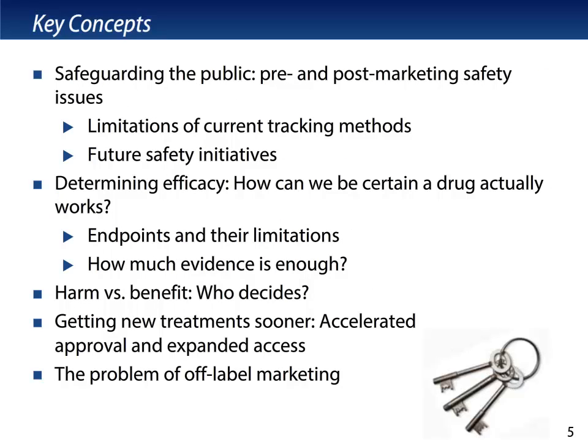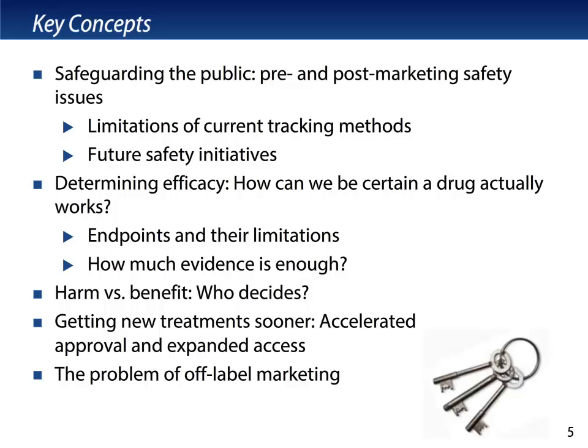We examined the FDA's role in safeguarding the public both before and after products are marketed. We briefly looked at the limitations of current methods for gathering safety data post-marketing. Using cancer as an example, we defined clinical trial endpoints as the way the FDA determines if a new drug actually works, and gave an overview of the drug development and regulatory process.